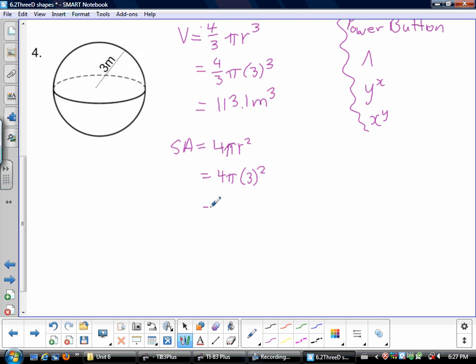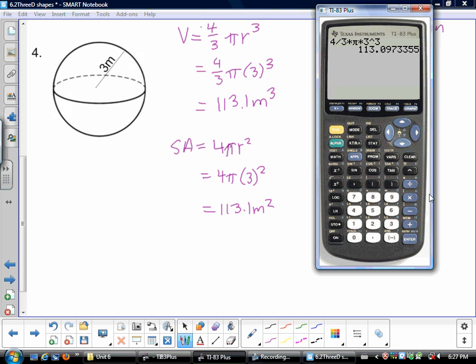Again, we pull out the calculator, and when we calculate it, amazingly, guess what? It's 113.1 meters squared. And you're saying, I don't believe you, Mrs. Broadhagen. Well, let's go and try that again. Let's clear this. So 4 times pi times 3 to the power of 2 equals.